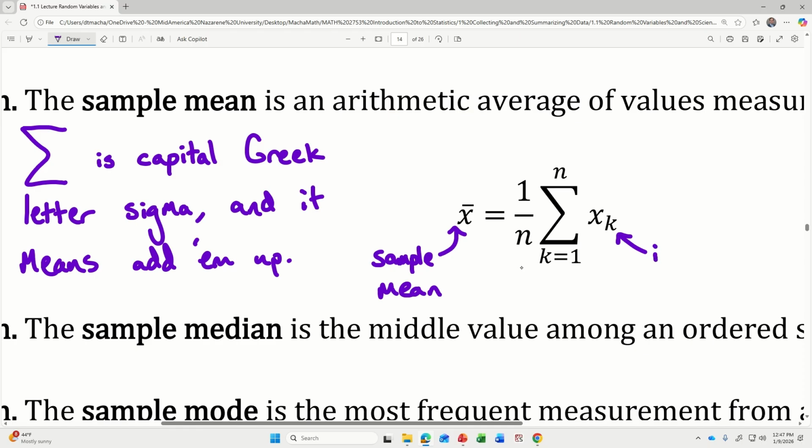And it's telling you which measurement we're referring to. But in this case, we're just adding up all of the measurements. And then we divide by n, where n is the number of measurements. So you add up all the measurements and you divide by the number of measurements.